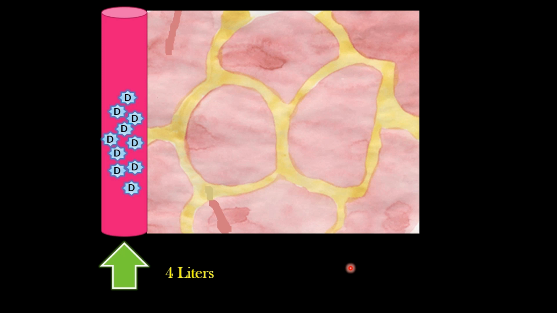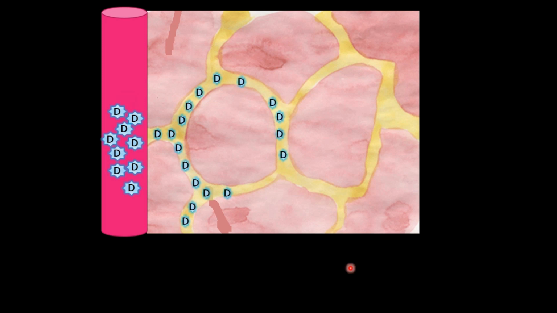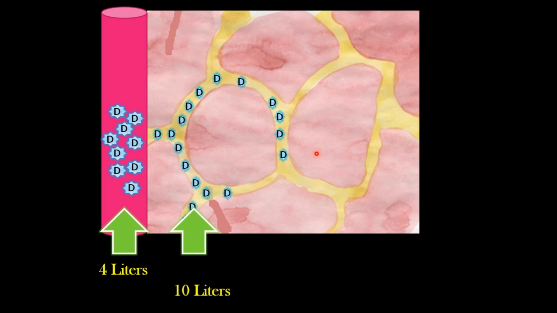In another situation, if the drug is a small molecule, it distributes to the extravascular interstitial fluid compartment. First it distributes to the plasma, where the volume of the compartment is 4 liters, and then it distributes to the interstitial fluid compartment, whose volume is 10 liters.